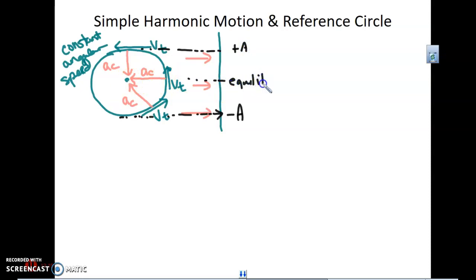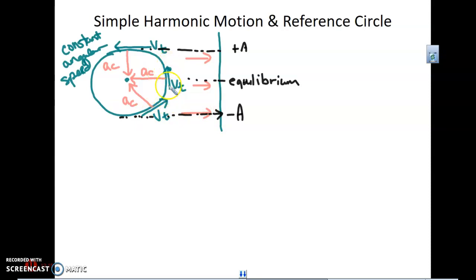So as this object is moving around at constant angular speed, we see that the tangential velocity in the simple harmonic motion is changing and the acceleration is changing. A couple of things to note here from these vectors: notice here that v sub t gets larger from negative A to equilibrium, where v sub t is at a maximum here.